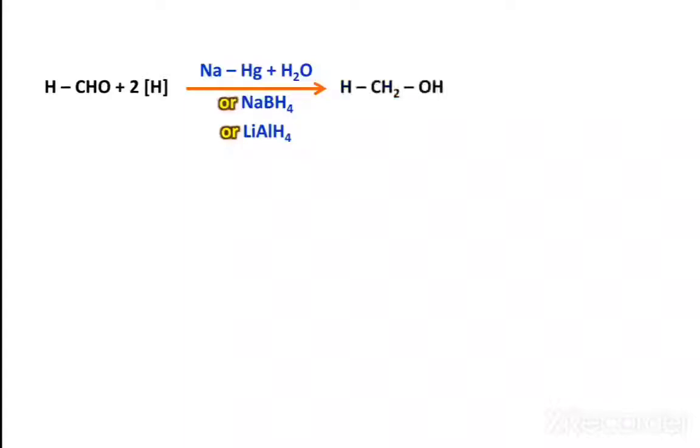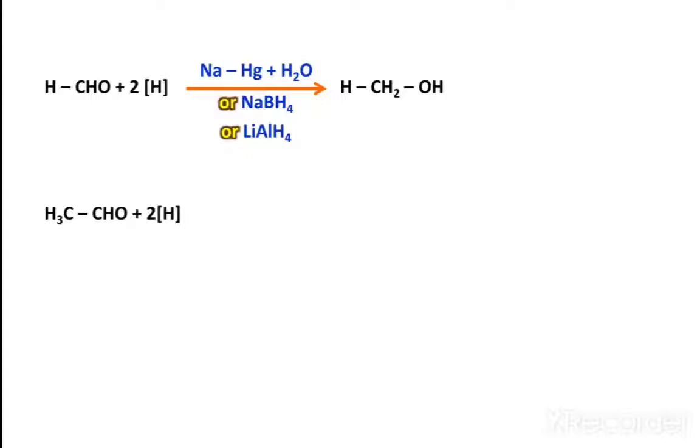Now here formaldehyde, by using nascent hydrogen 2H, sodium amalgam plus H2O, or by using NaBH4 or LiAlH4. NaBH4, that means sodium borohydride, or lithium aluminum hydride, is the best reducing agent. It reduces the aldehyde into a primary alcohol.